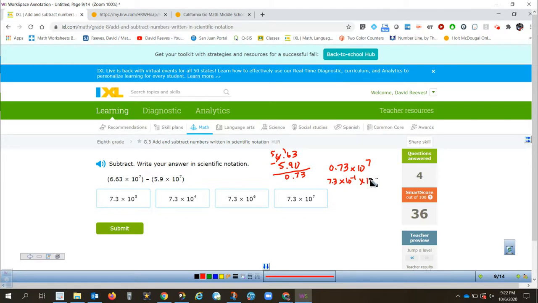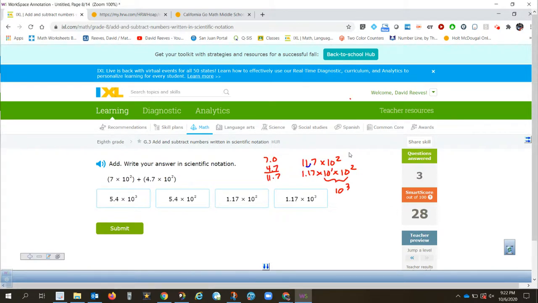Isn't that kind of weird, okay? I made this one 10 times bigger, so I have to make this part 10 times smaller. So I get times 10 to the 6th power. In the previous problem we made it smaller, so this part got bigger.